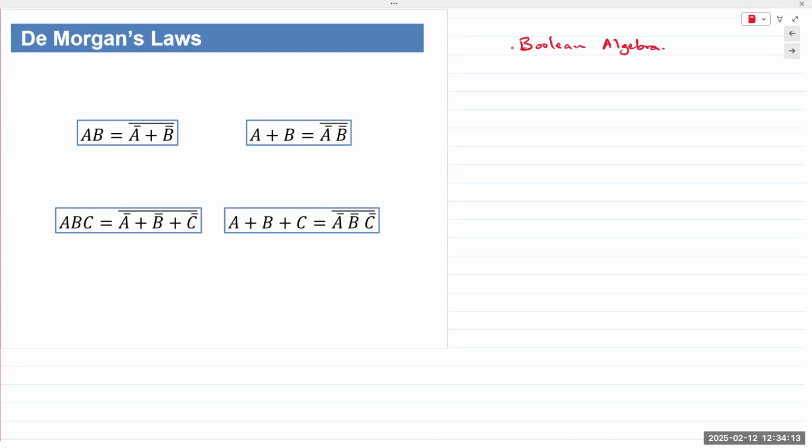As if regular algebra was not good enough, right? And then there are certain laws that were named after a person known as De Morgan, so they come to be known as De Morgan's laws.